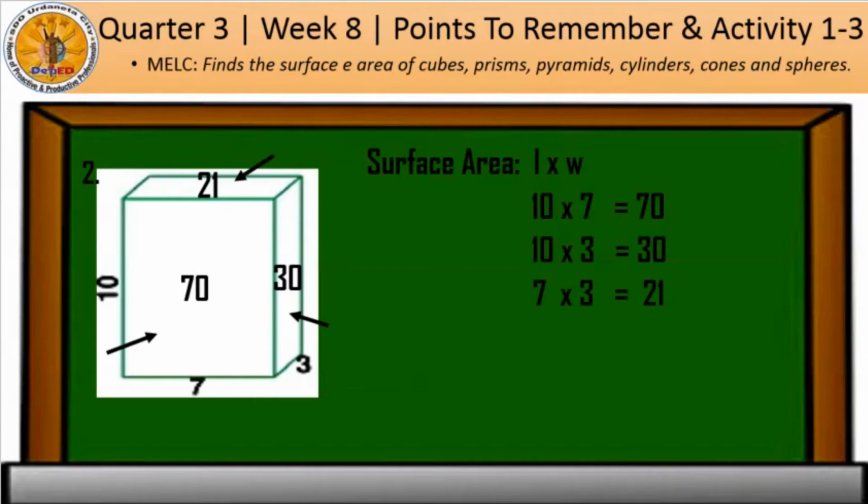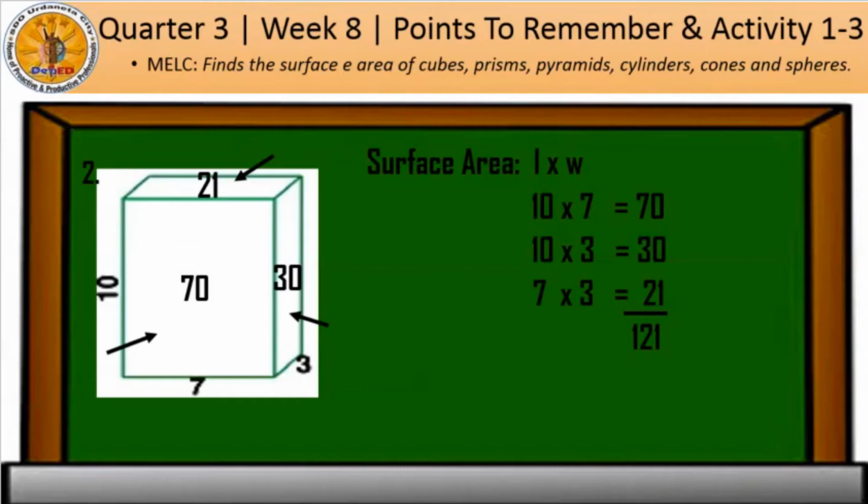We found the surface area for the 3 faces. Let us all add those 3 together. So let's add 70, 30, and 21. That will give us 121. We now know the surface area of the 3 faces, but we still have 3 more.